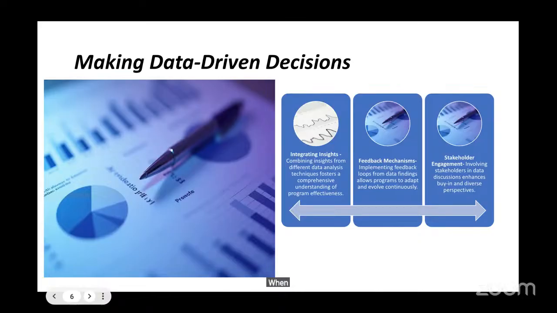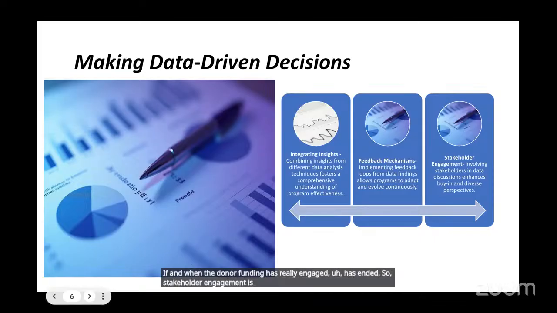When you're developing, reach out to the stakeholders, inform them, involve them, engage them, consult them. Midway, engage them the same until the end, because this really enhances ownership. Even when you don't have donor funding along the way, you'll find that your program is a continuous process. It's still existing, even when the donor funding has ended. So stakeholder engagement is very important when it comes to making data-driven decisions.